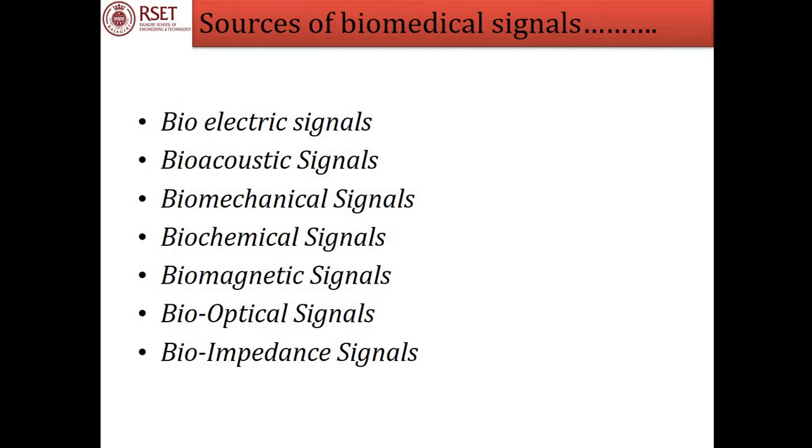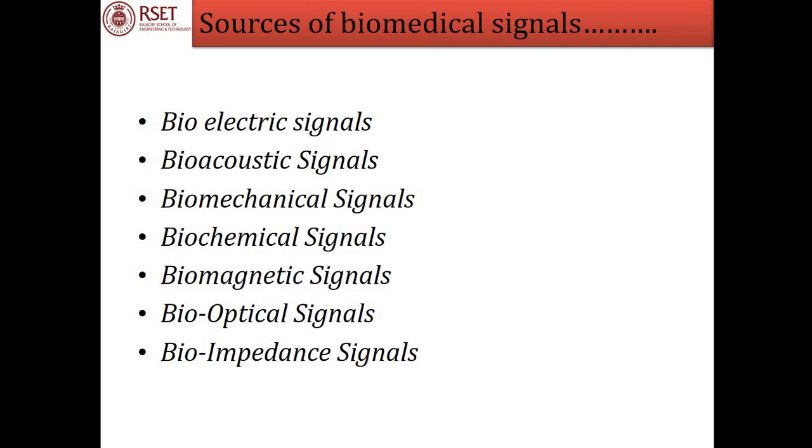So put together, in a nutshell, there are several sources of biomedical signals. To name a few, the bioelectric signals, which are generated either by the nerve cells or the muscle cells or the cells of the heart, give information regarding the function of each of these systems.